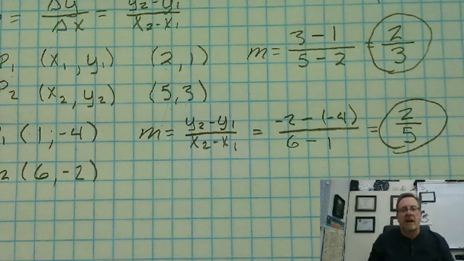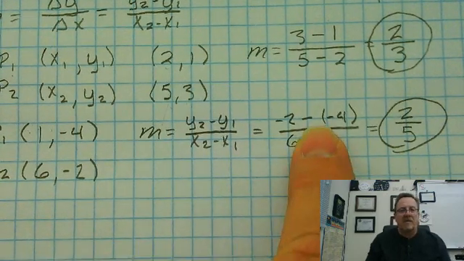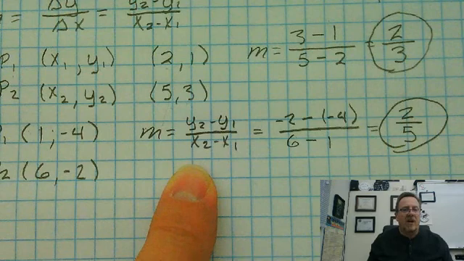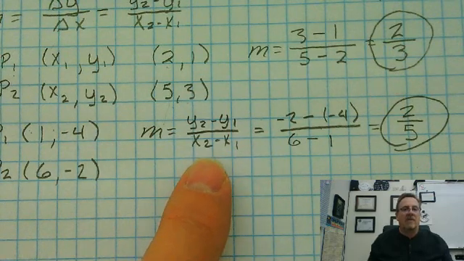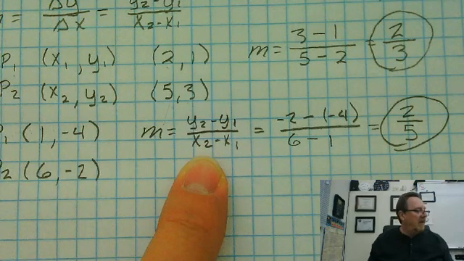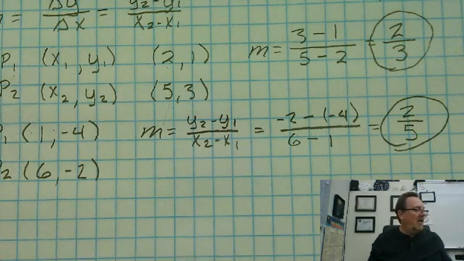Okay? Now, I don't want you to get too lost in the arithmetic piece of this. The real star of this show, of this video, and for some time in class, is going to be slope right here. Make sure you understand how to find your slope using the slope formula. It's an important thing that you'll need to know.